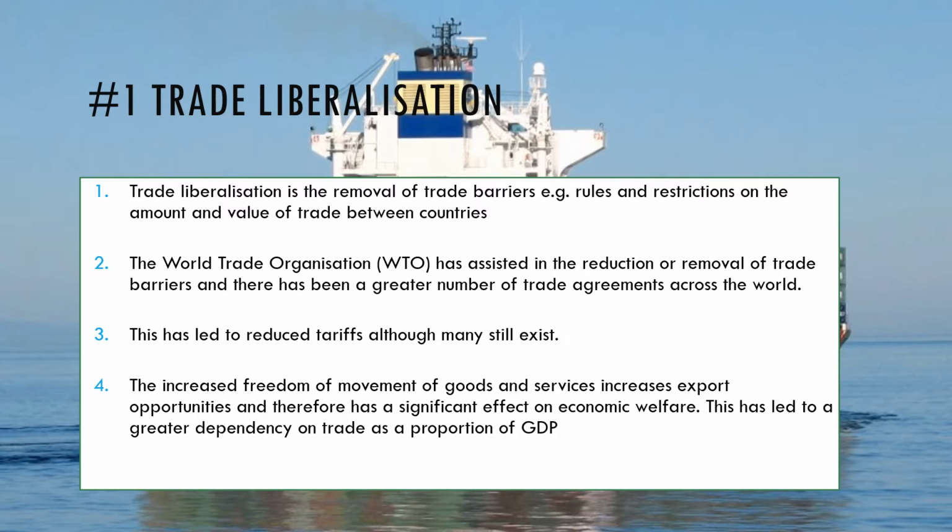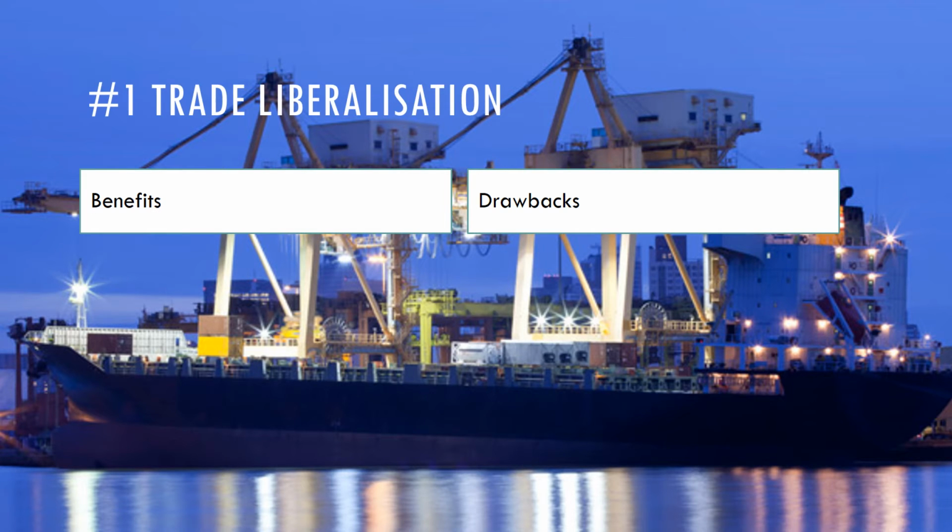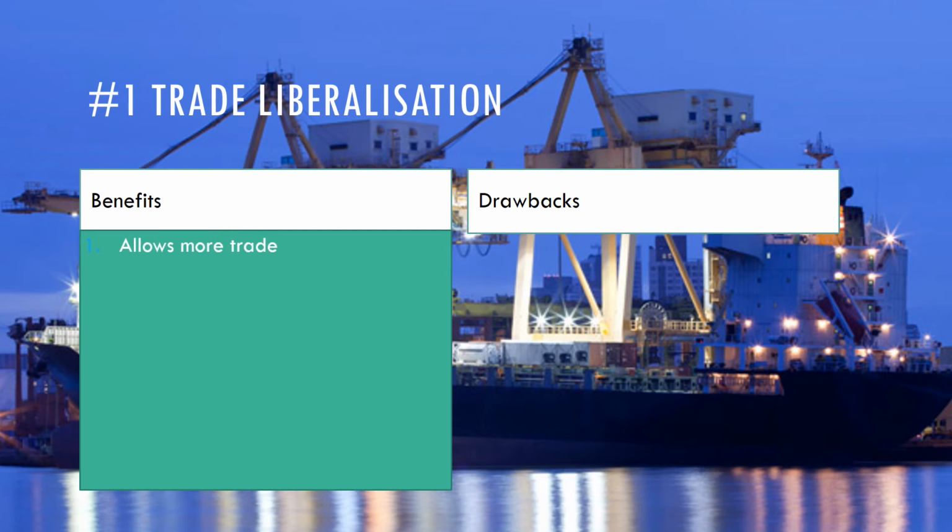The increased freedom of movement of goods and services allows increased opportunities for export, and this has an impact on GDP within these countries. Some of the benefits and drawbacks of trade liberalization: well, it allows more trade, so allows specialization to take place and therefore increased output.